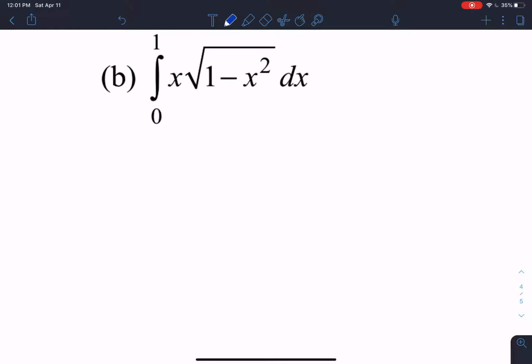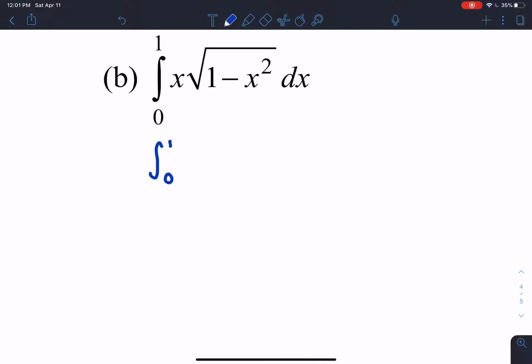Okay, so moving on to number 2. All right, so because I have the square root here, it's like I have the integral from 0 to 1 of x times 1 minus x squared to the 1/2 dx. Okay, so my u term is 1 minus x squared.